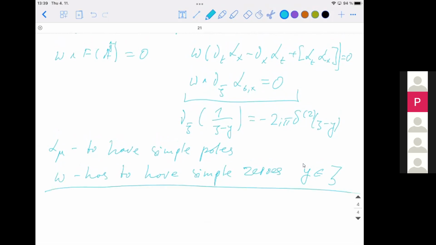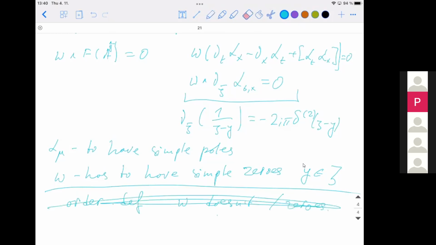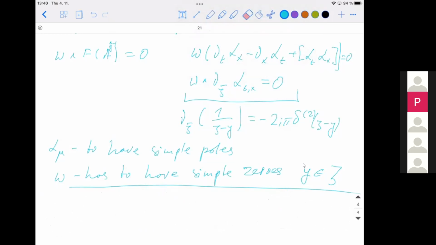There is also something called ordered defect, and that's when omega does not have zeros. We will not talk about this, just disordered defects where the omegas are in a rational form.